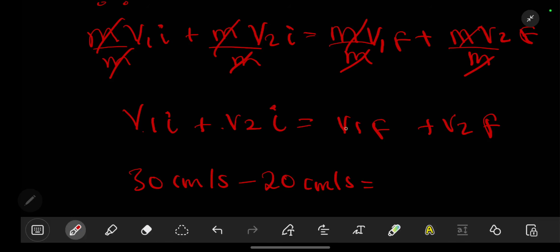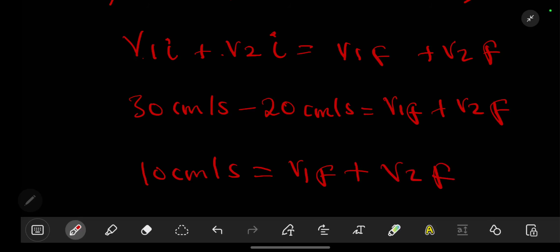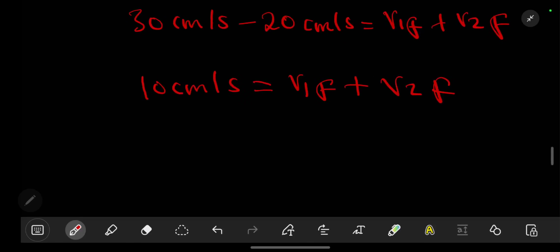Should be equal to V1 final plus V2 final. So 30 minus 20 will give us 10 centimeters per second, should be equal to V1 final plus V2 final. With this done, we have come up with our equation 1.